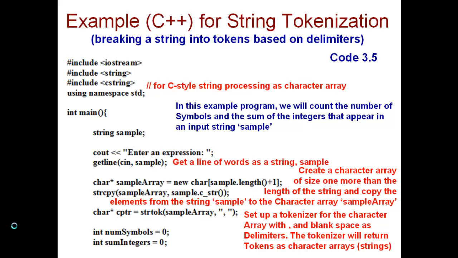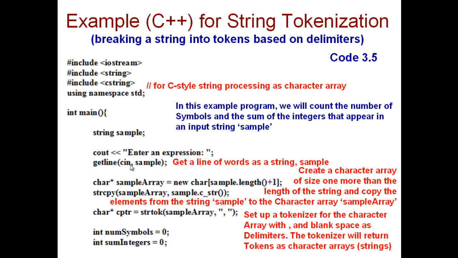What you want to do in this example is count the number of symbols in that string as well as print the sum of the integers in that string. So you include the string header file. Now declare a string called sample, inputted. Your delimiters could include a blank space, so it's better to use getline to get input for the string.